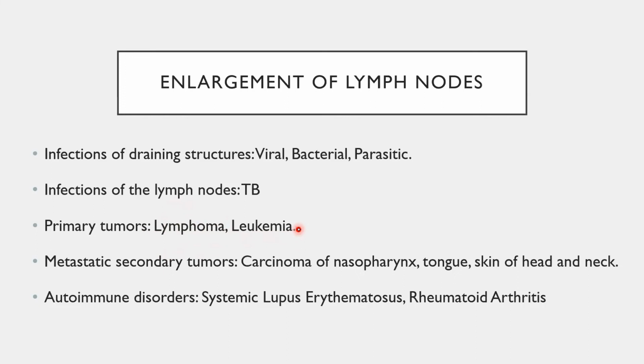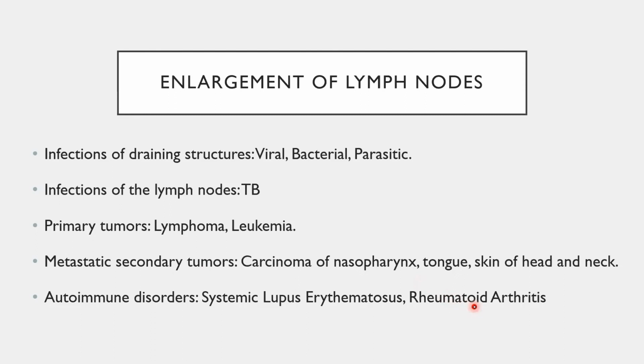Then lymph nodes can also be enlarged due to draining cancerous areas. That's called metastasis, right? So metastasis, secondary tumors, can occur in these cervical lymph nodes due to cancer of the nasopharynx, tongue, and the skin of the head and neck.